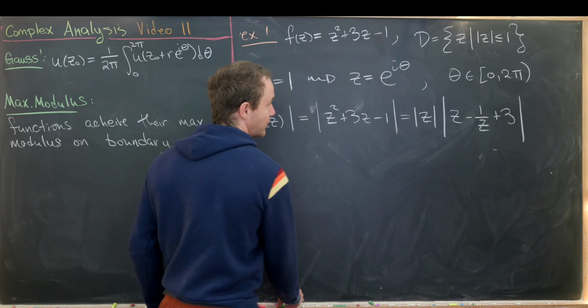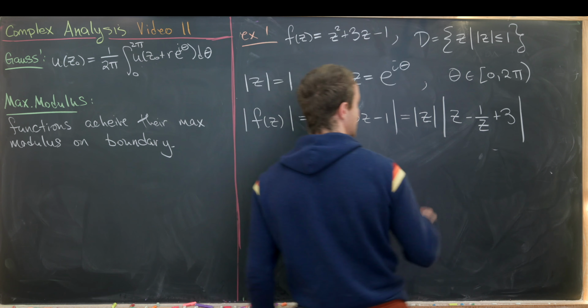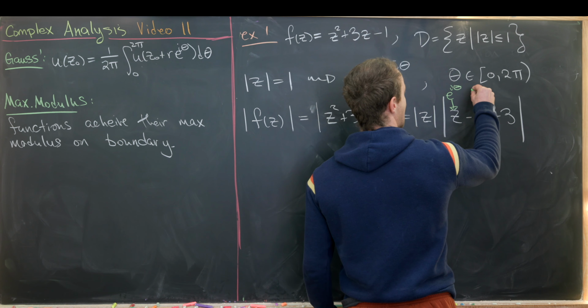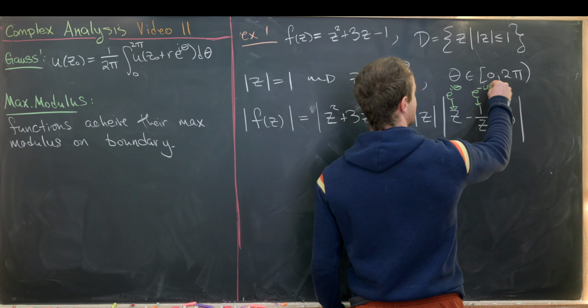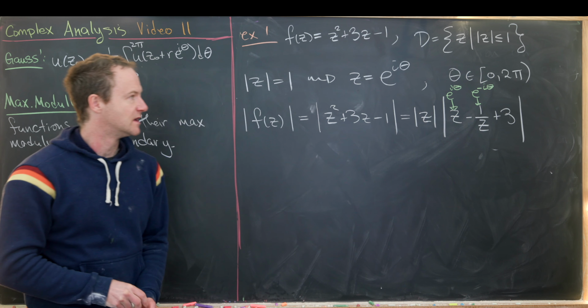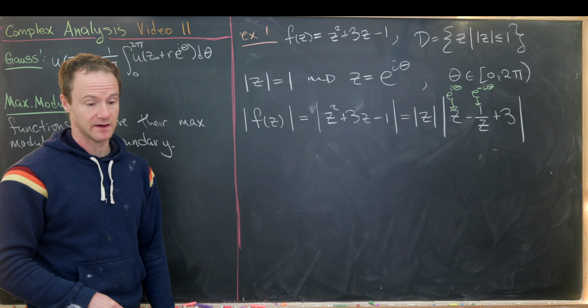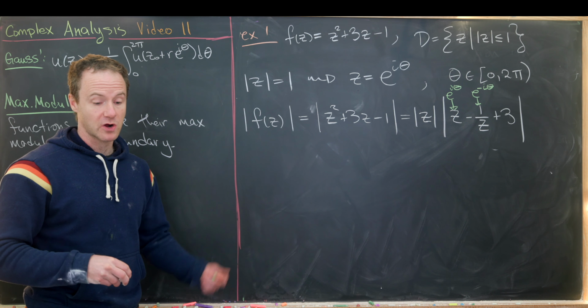But now I can plug this e to the i theta in here, and I have an e to the i theta for this, and I have e to the minus i theta for that. Then I've got e to the i theta minus e to the minus i theta. But if you recall, that's equal to 2i sine theta.